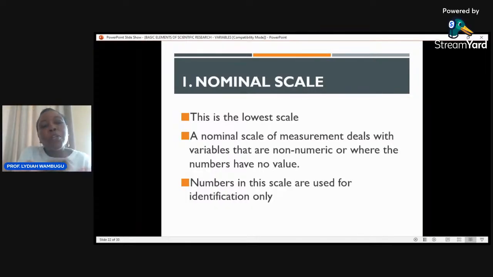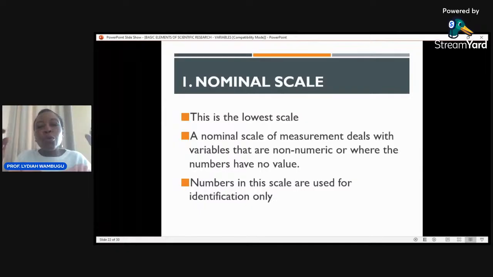The work of nominal is to name, and it normally names in a category. It normally tells you, am I a smoker or not a smoker? Am I a student or not a student? Am I married or not married? Am I a female or not a female? Am I a male or not a male? Whatever number is assigned to those, that variable measured has no numerical value.